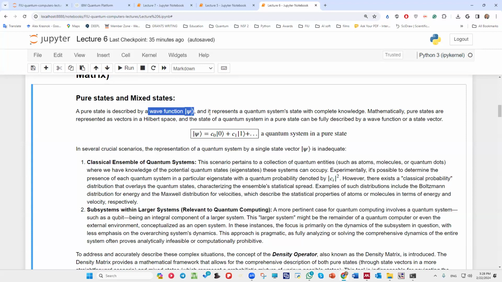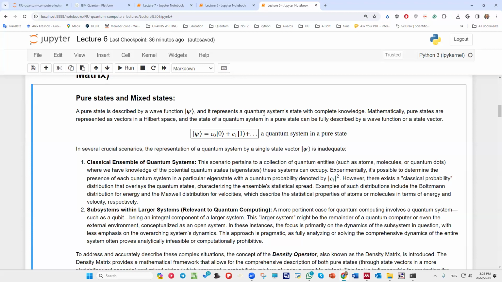We usually say that suppose we have a quantum system in a quantum state psi. This state psi, of course, can be a superposition of other states, which we call basis states. We discussed that we can represent any quantum state using this expression here.